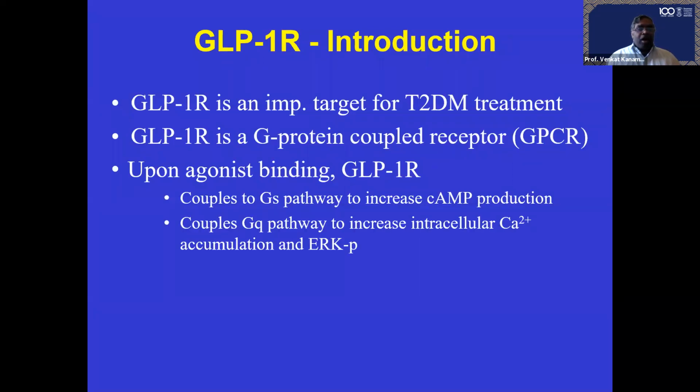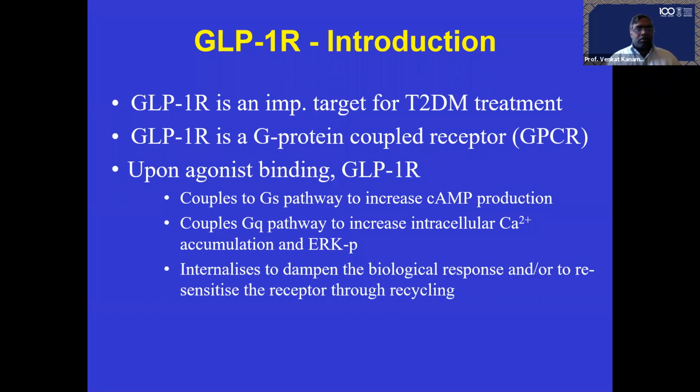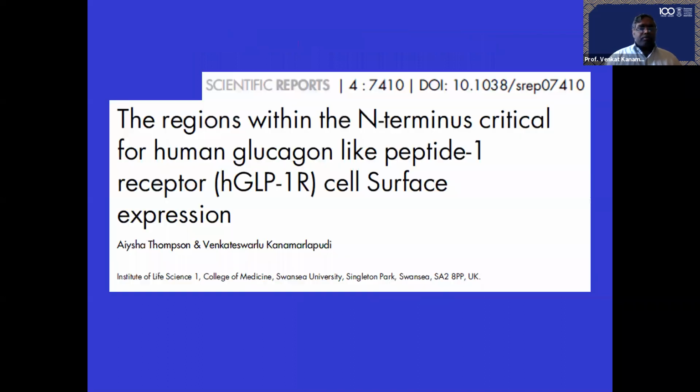It can also couple to the Gq pathway to increase intracellular calcium accumulation as well as ERK phosphorylation. Once the receptor gets activated, it gets internalized to dampen the biological response or to resensitize the receptor through recycling.